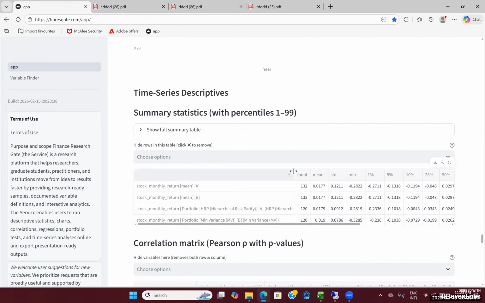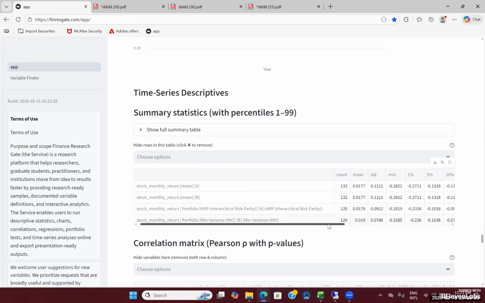Let's take a look at the in-sample descriptive statistics we have here. The average monthly return that we observe for the hierarchical risk parity approach stands at 1.79%. Its corresponding standard deviation measures out to be 0.0912.